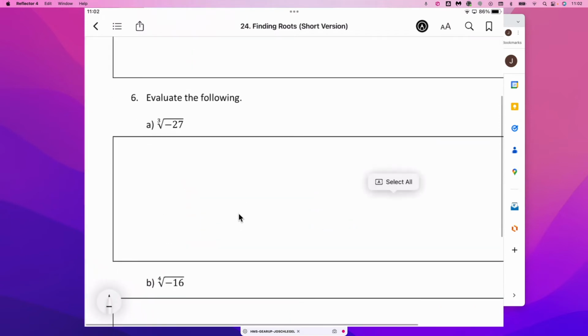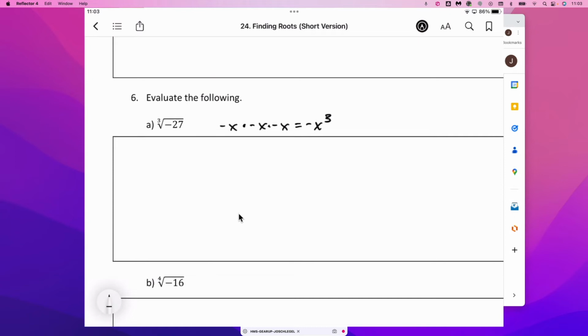Now remember, a negative can be in there in this instance because we will be having 3 numbers multiplied together. And so like a -x times a -x times a -x will make negative x cubed, because there's an odd number of negative signs there.